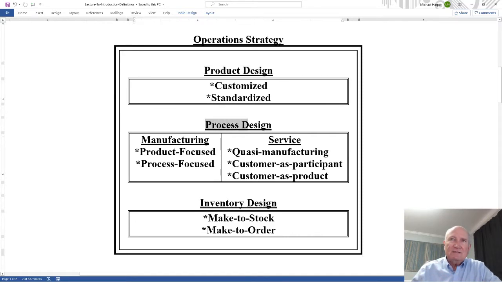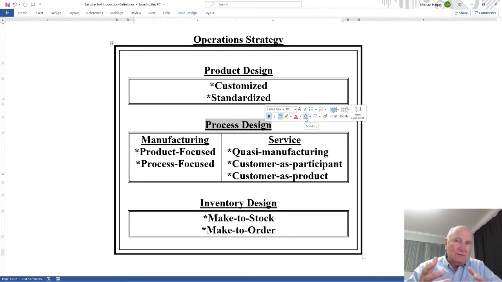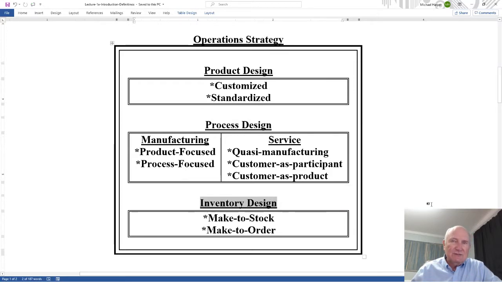A process design decision, in other words, how you decide to make the product or conduct the service. And finally, the inventory design decision, which is how you manage your inventory. These 3 decisions together will create an operation strategy, and this will define different business strategies, different strategies within different industries, domestic and global operations, etc.